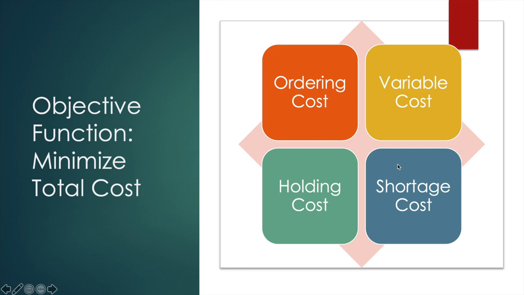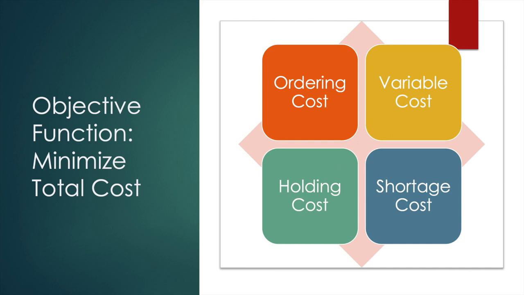Actually, let me clarify that. Your ordering cost plus your variable cost plus your holding cost plus your shortage cost, or your total cost, is minimized.